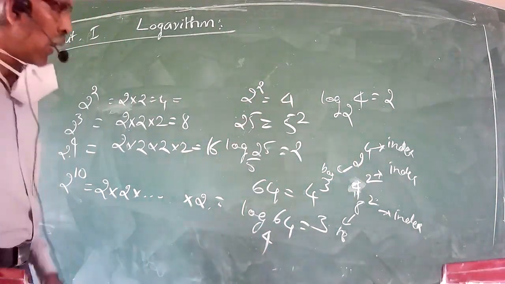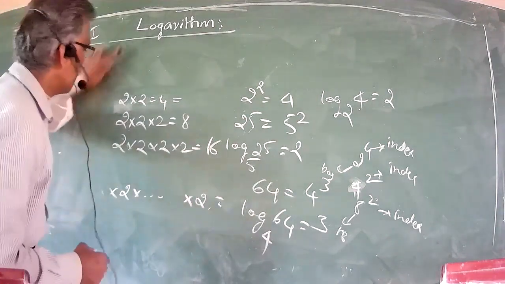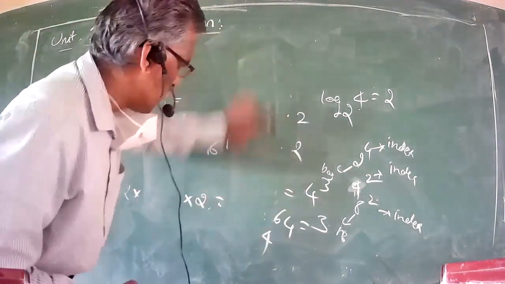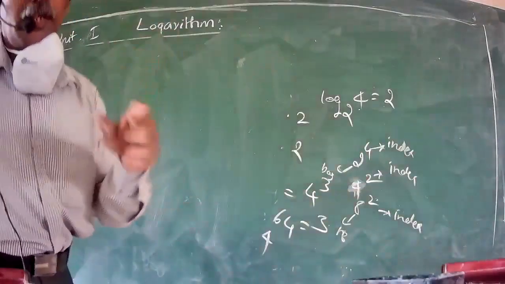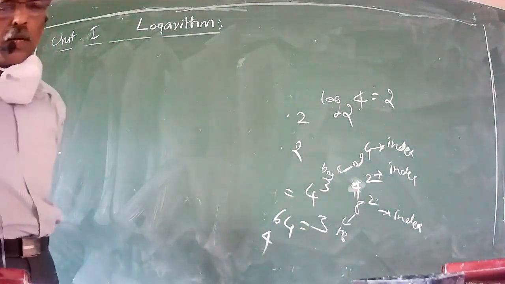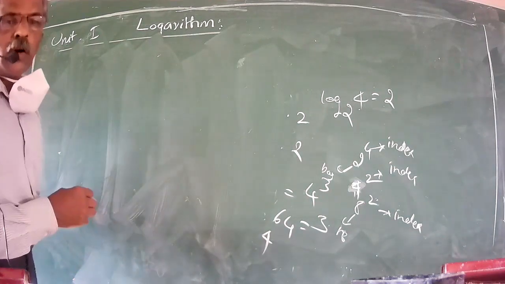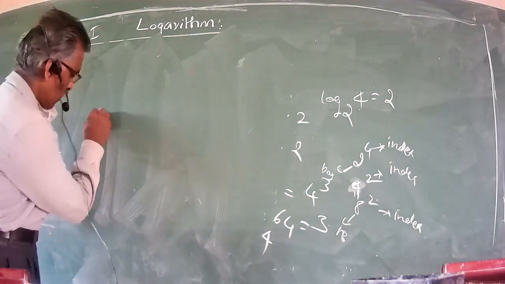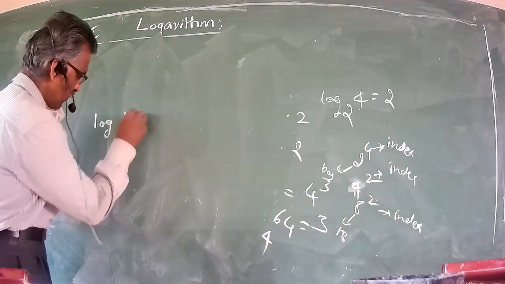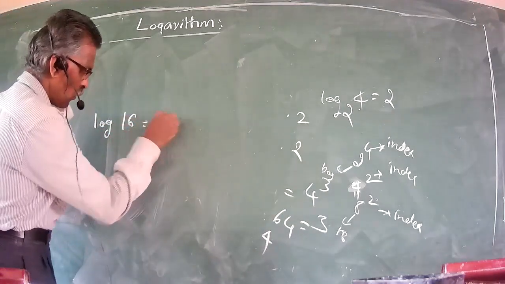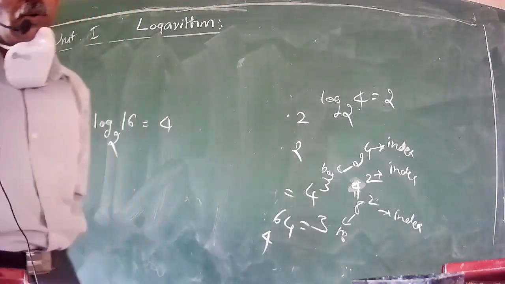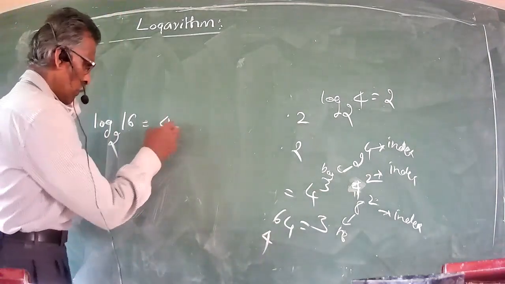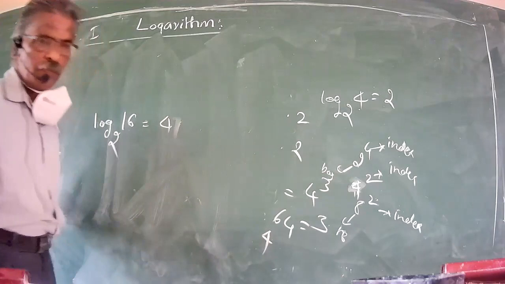Now, the same number can be written in 2 ways. See here, log of 16 to the base 2 equals 4.